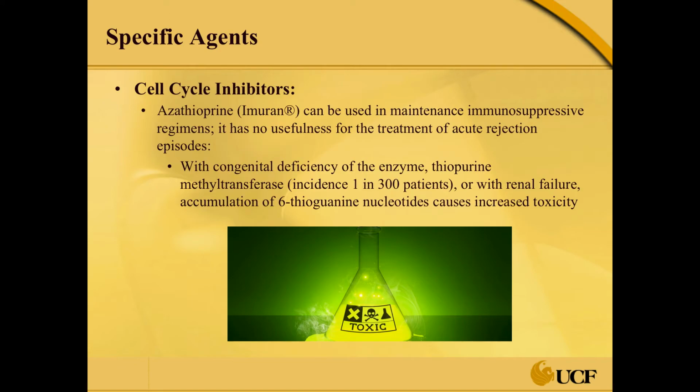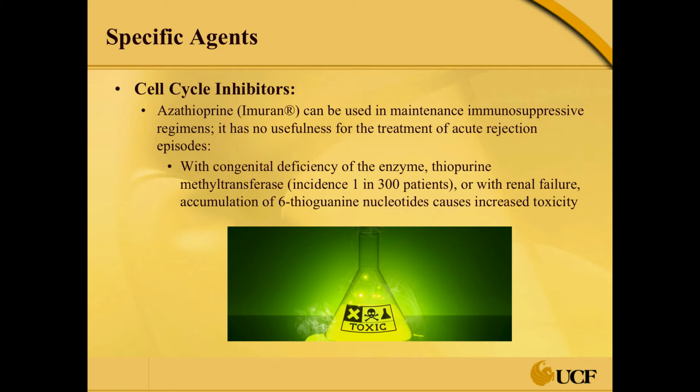Imuran is a cell cycle inhibitor which is used in maintenance immunosuppressive therapy. It really doesn't have any usefulness for acute rejection. With congenital deficiency of the enzyme thiopurine methyltransferase, which is in about 1 in 300 patients, or with renal failure, accumulation of 6-thioguanine nucleotides causes increased toxicity.